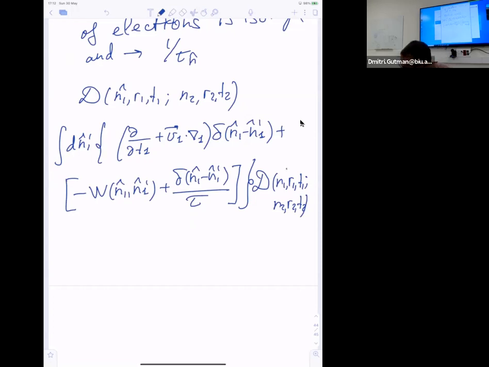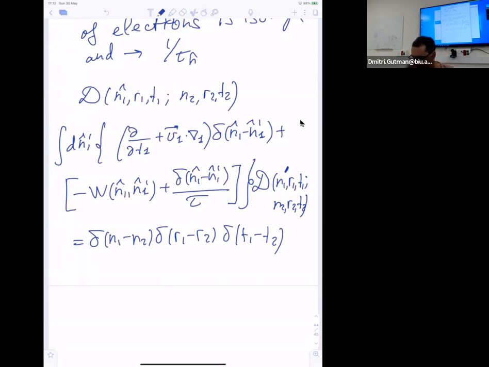I made a mistake, this should be n1 prime, and all this is equal to delta n1 minus n2 delta r1 minus r2 delta t1 minus t2. So everything is perfectly legit and defined.